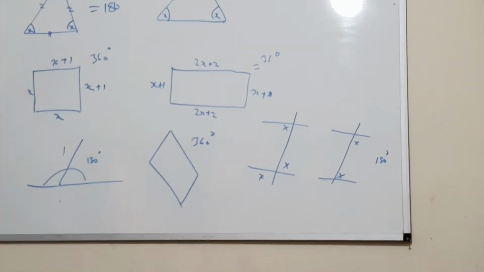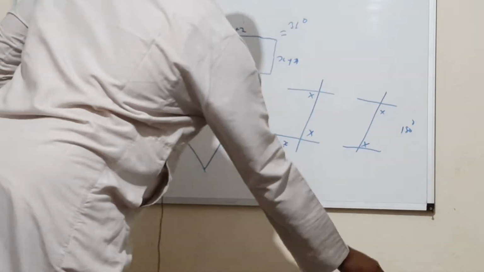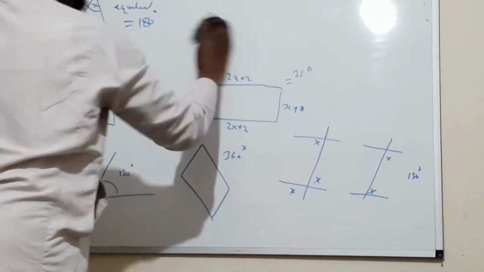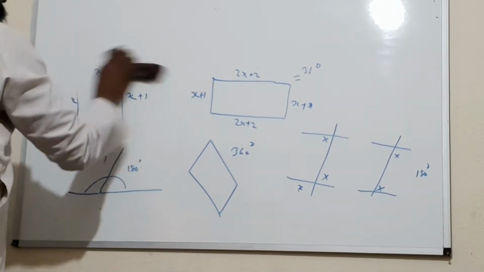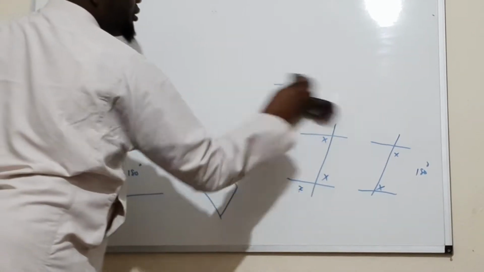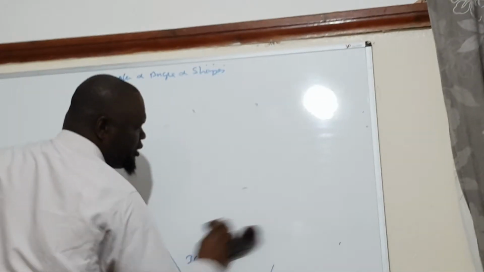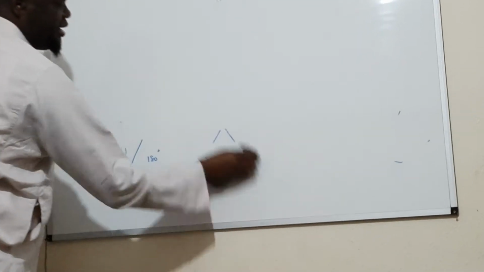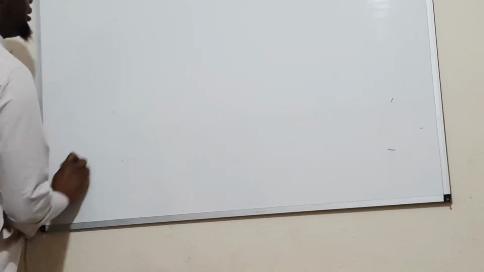So this is the application we are going to do now. When you come to do angles, lines and shapes, you will do this, but I'm after the algebra side of it.